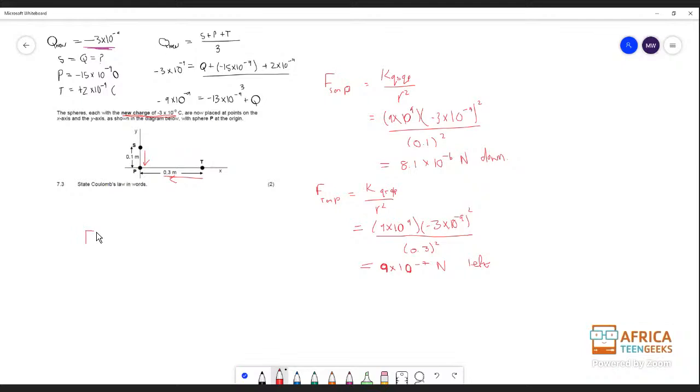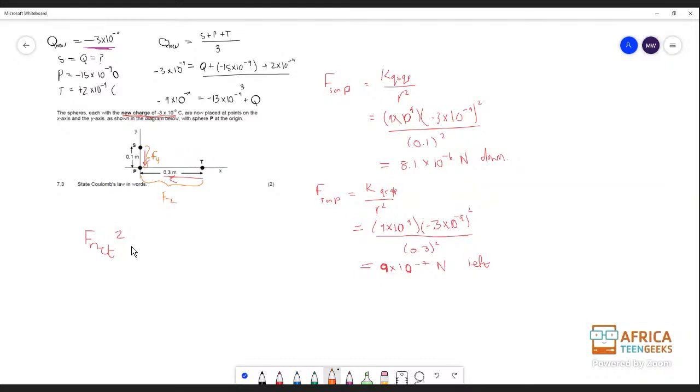So F net squared, and remember we're working with Pythag now. So you've got this, which is your Fy component. You're going to have this one, which is your Fx component.